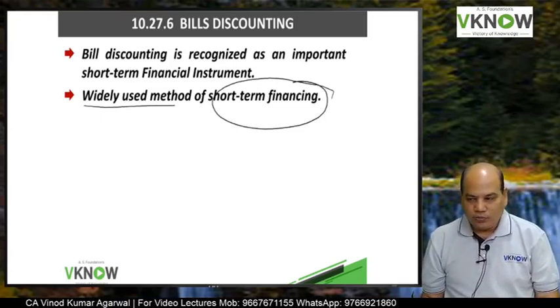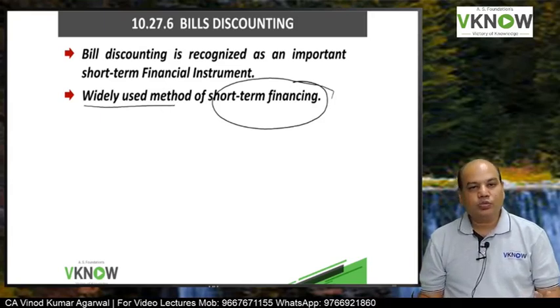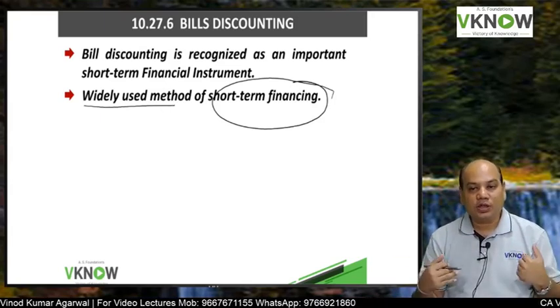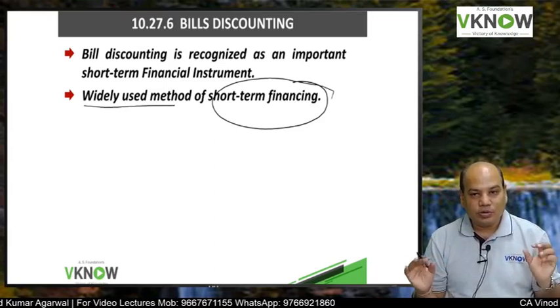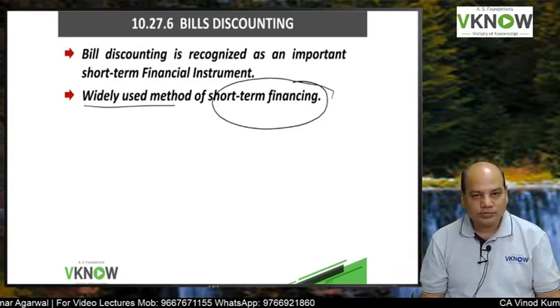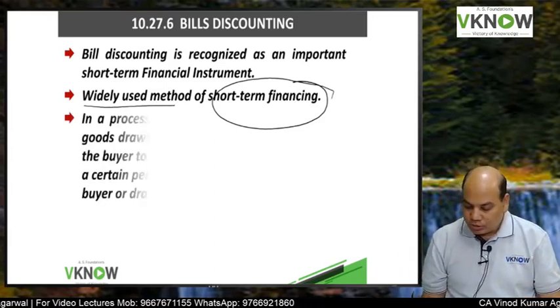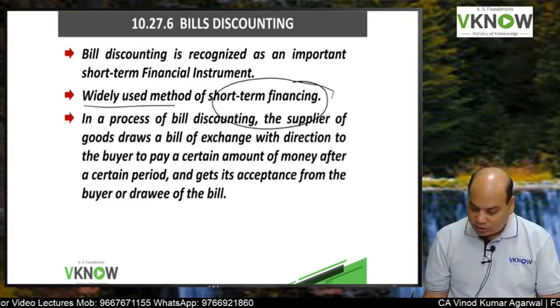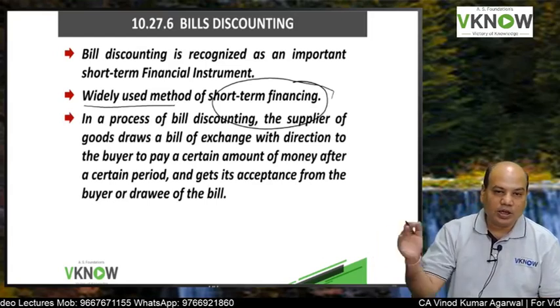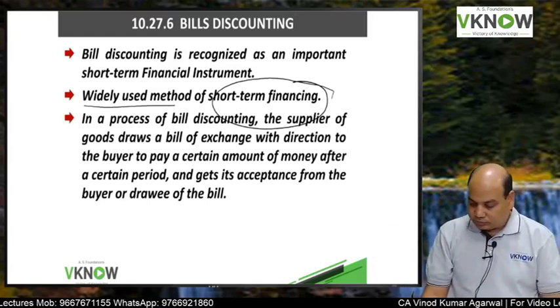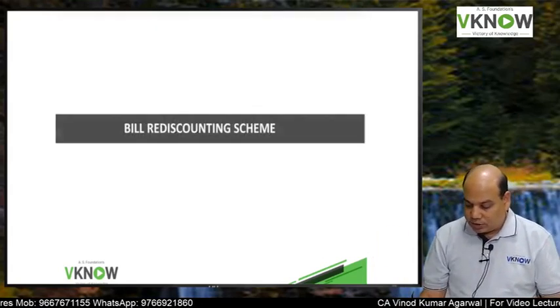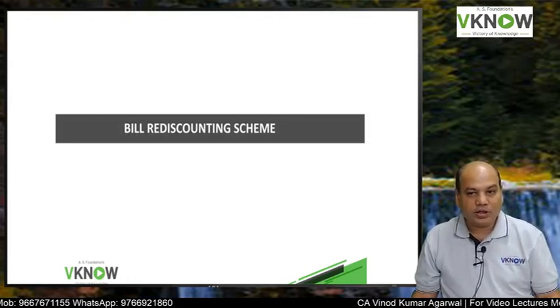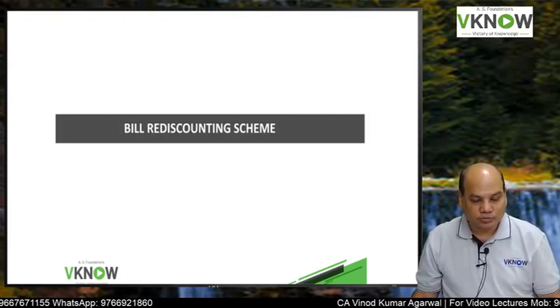If you don't have bill discounting, then you have to wait for 6 months, then the customer is going to make payment to you. So funds get blocked. What you can do? You can get the bill discounted with the bank and raise the funds immediately. On maturity, the bank will collect the amount from the customer. But if the customer does not pay, then again the headache will come on you.